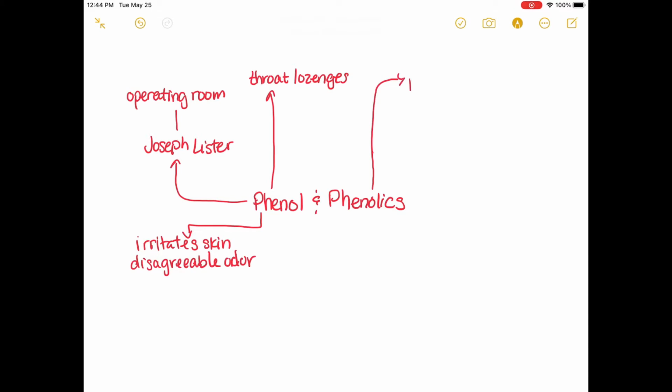Phenolics are chemically altered phenols that decrease irritation, or when combined with a soap or detergent can increase antibacterial activity. Phenolics' antimicrobial activity is the destruction of lipid-containing plasma membranes, resulting in the leakage of cellular contents. An example is mycobacteria.